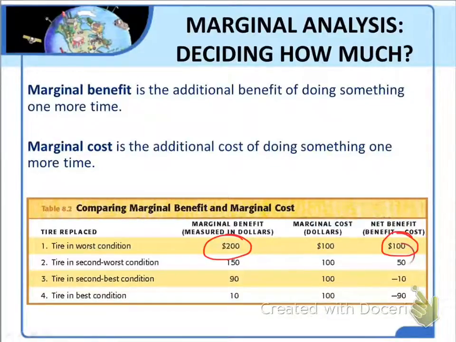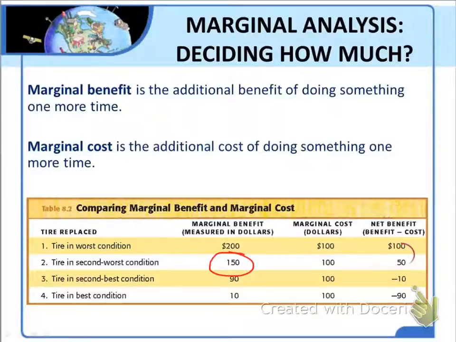If she replaces the second worst tire, the resale price of the car will increase by $150. The $150 marginal benefit of the second new tire is less than the $200 marginal benefit of the first new tire because the tire being replaced doesn't detract as much from the quality and appearance of the car as the worst tire did.